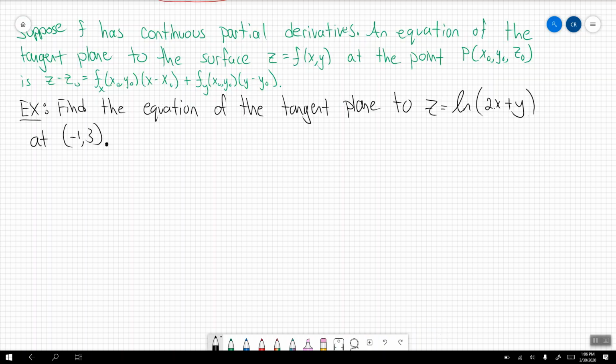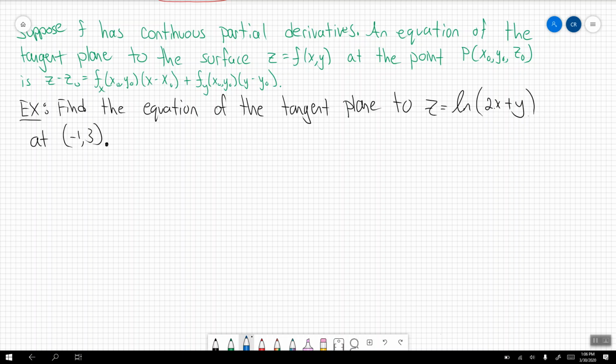We want to find the equation of the tangent plane to z is equal to the natural log of 2x plus y at the point (-1, 3). Now you're going to notice the point that is given to us is only given in the domain of the function. So we then need to extract what the point is going to look like in R^3. That's going to be one of the first things we do.